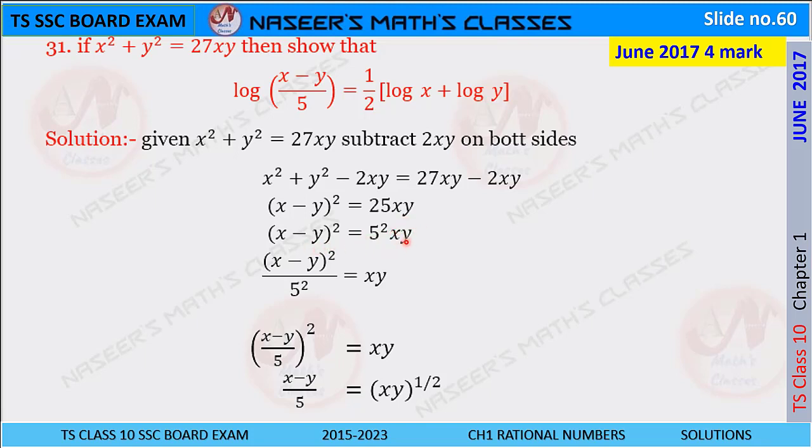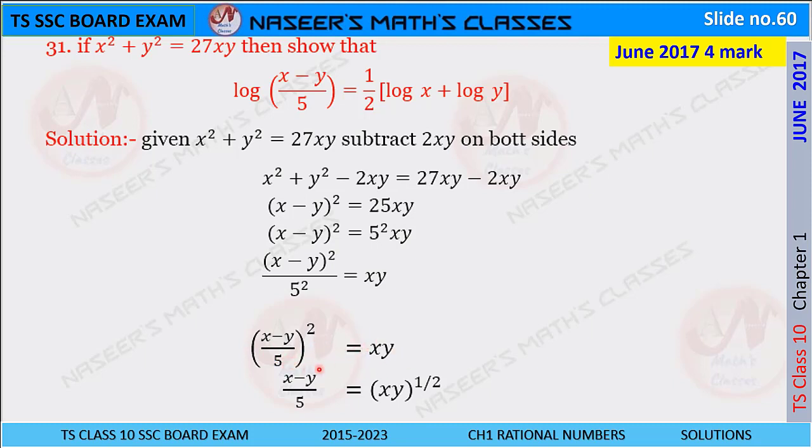So here again 25 is written as 5 square. Next we transpose 5 square from RHS to LHS. It will go to the denominator. Then we can write (x minus y) whole square by 5 square is equal to xy. Here we have square for both. We take out the whole square. It can be written as (x minus y) by 5 whole square is equal to xy.